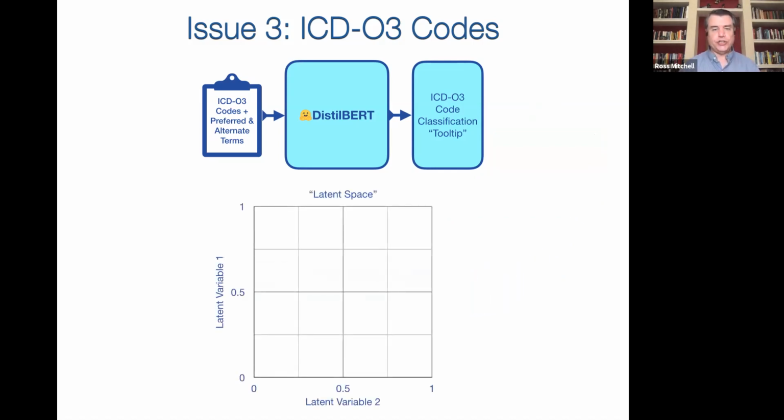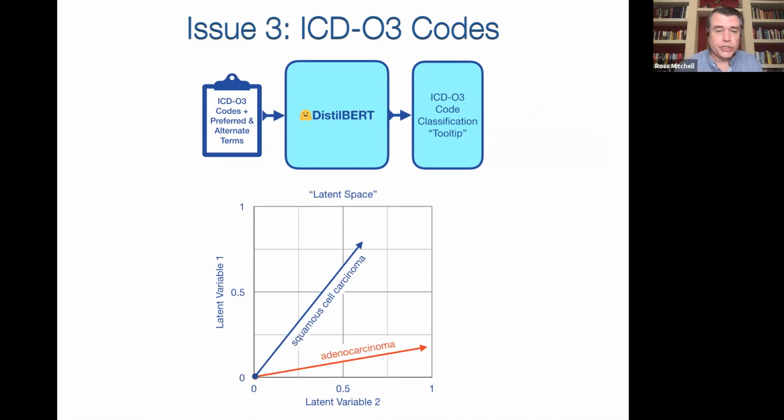And if we look at just 2 dimensions of this complex space, simplify it for our own visualization purposes, then the preferred term that we're interested in, let's say it's squamous cell carcinoma, going back to our example, that will have a particular location in this space, as will other pathologies that we're interested in, adenocarcinoma.